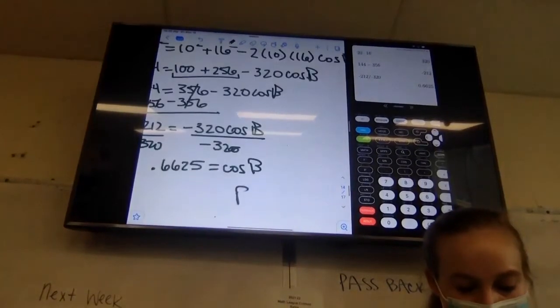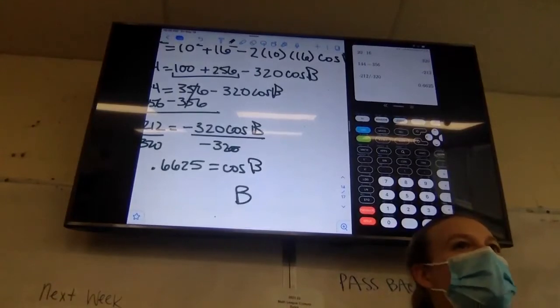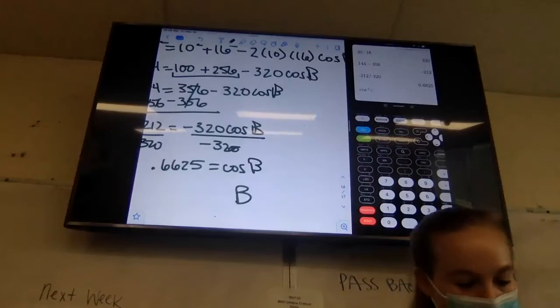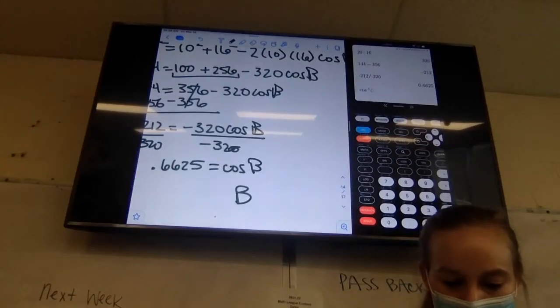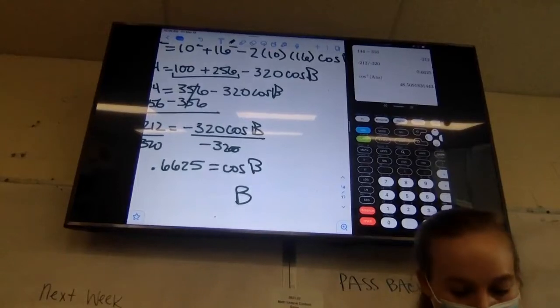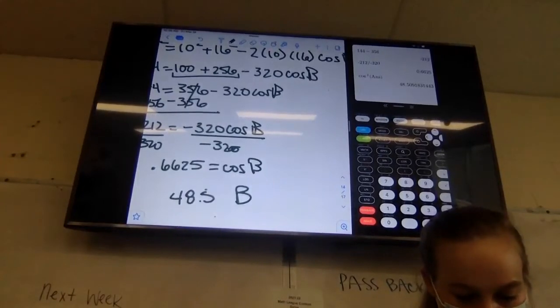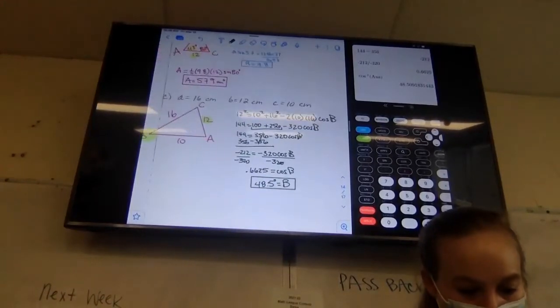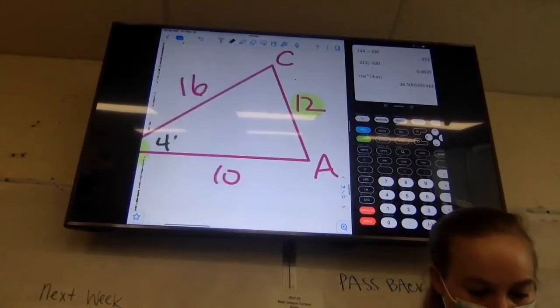And then what's my last step to find what B is? Inverse cosine, very good. Oop, that was the wrong button. Second cos, answer. And I get 48.5. Okay, B is 48.5.